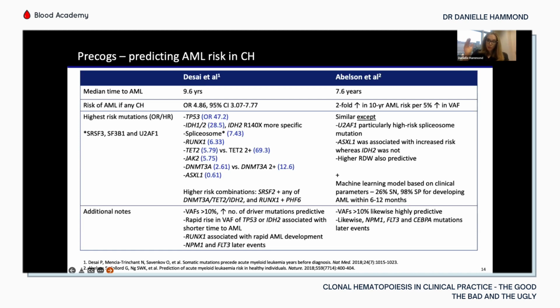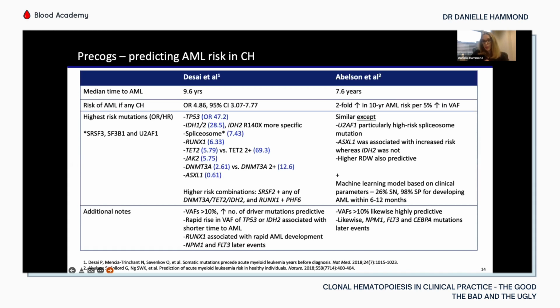And they were able to build somewhat of a prediction model for what sorts of clonal hematopoiesis actually predict for AML risk, with a follow-up ranging roughly between 7 and 10 years. And they actually were reassuringly concordant in what they found in terms of what constituted high-risk clonal hematopoiesis in terms of AML risk.